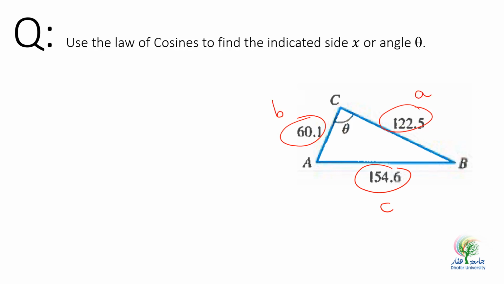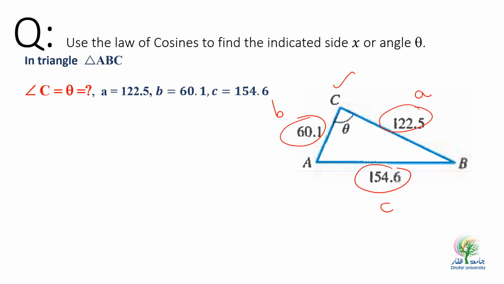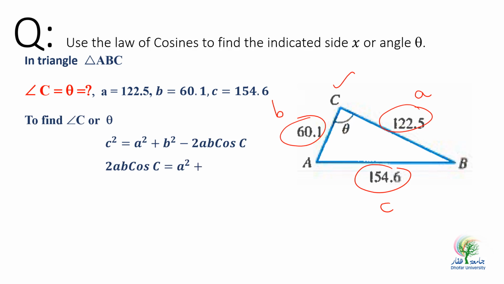To find angle C, we will start with c square is a square plus b square minus 2ab cosine C. So I'll shift 2ab cosine C to one side and c square to the other, so 2ab cosine C equals a square plus b square minus c square.